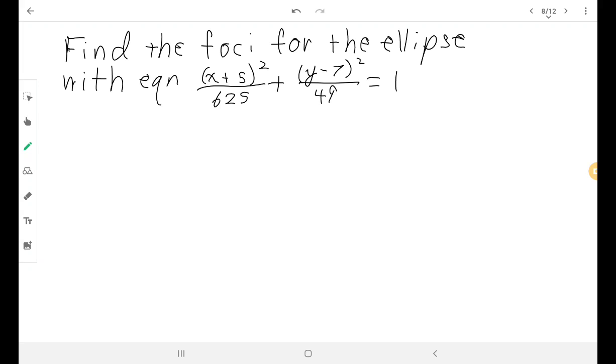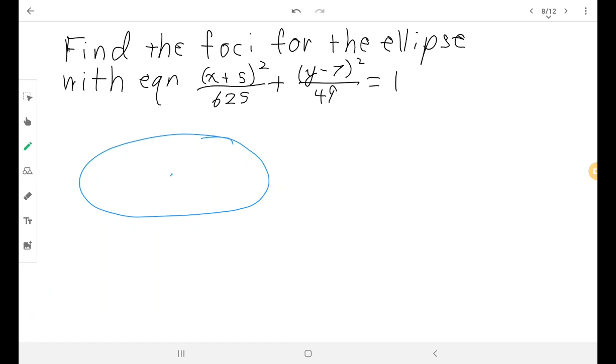All right, so let's find the foci for this ellipse. And remember the foci, first of all, I can tell this one is wide instead of tall, so it looks kind of like that.